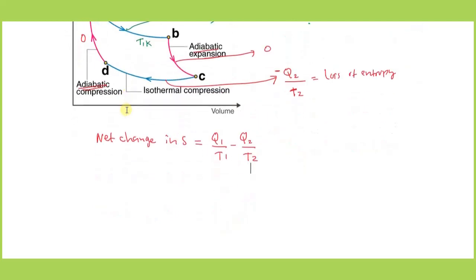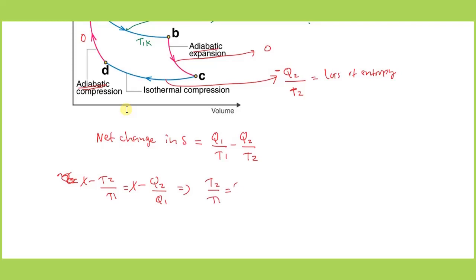Now we know that for Carnot cycle, from the Carnot's efficiency expression, eta is equal to 1 minus T2 by T1, that is equal to 1 minus Q2 by Q1. So if I cancel these two ones here, minus sign cancels, then we get T2 by T1 is equal to Q2 by Q1, or Q2 by T2 is equal to Q1 by T1.